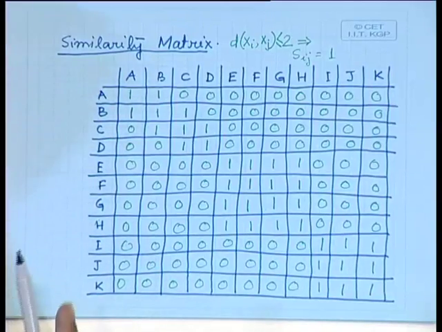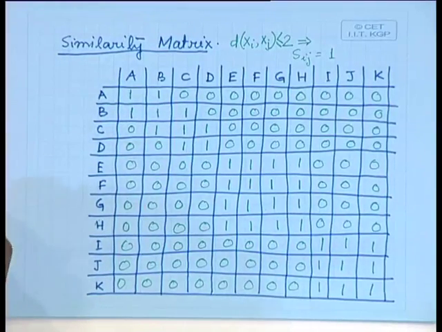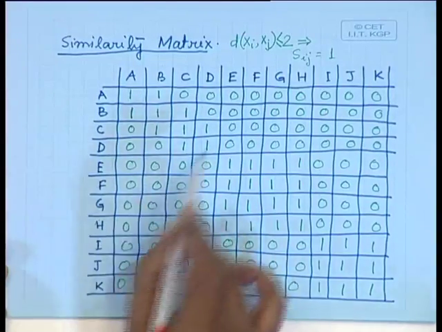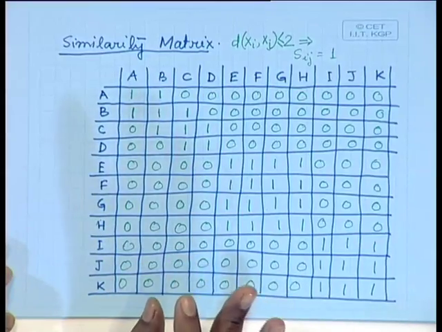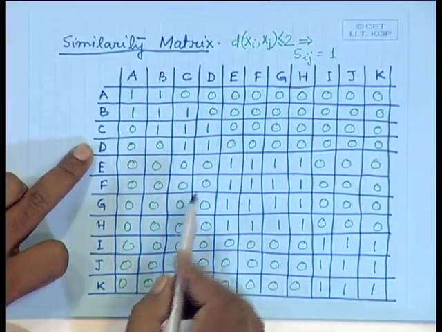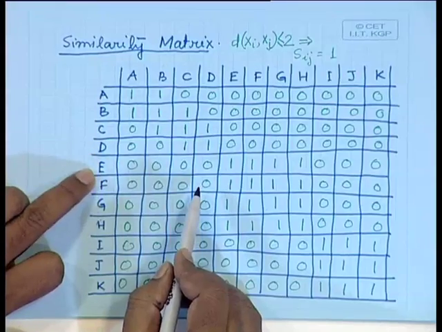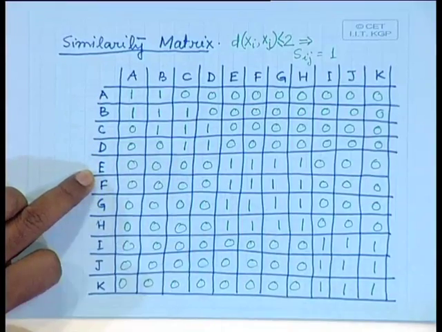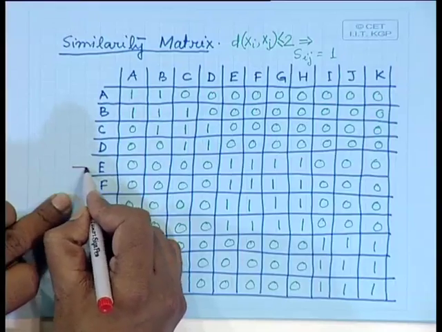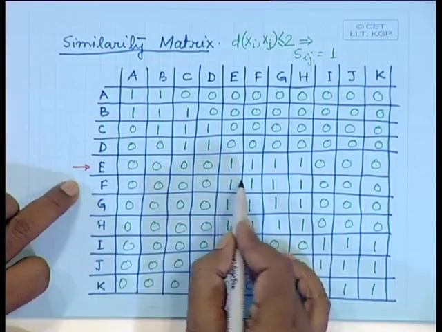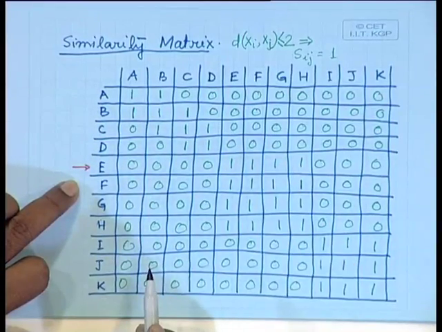So, as I said, when you start your clustering algorithm, I have to consider a row within this similarity matrix which has got the maximum number of ones. Okay. So, you find that within this, the first one which has got the maximum number of ones is the row E, which has got 4 ones.